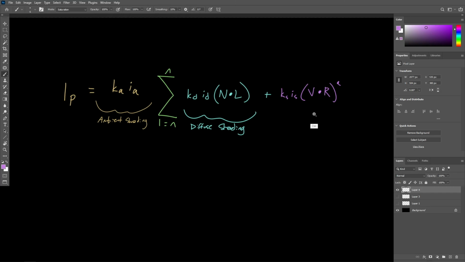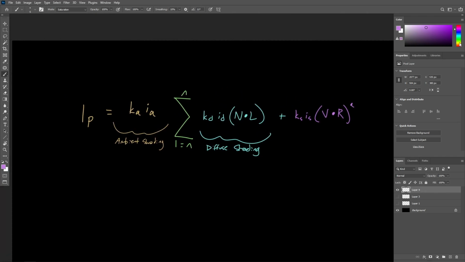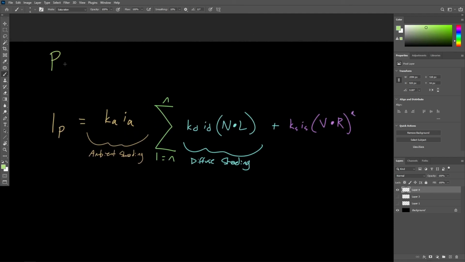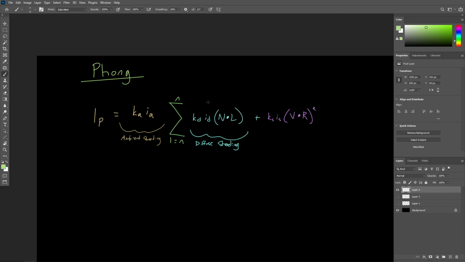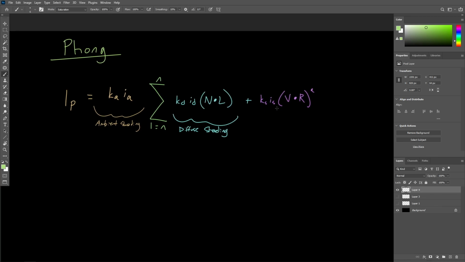All right, so that does it for a very simple material model here. This is called the Phong shading model, named after its creator. And it's actually a very widely used shading model in 3D packages.